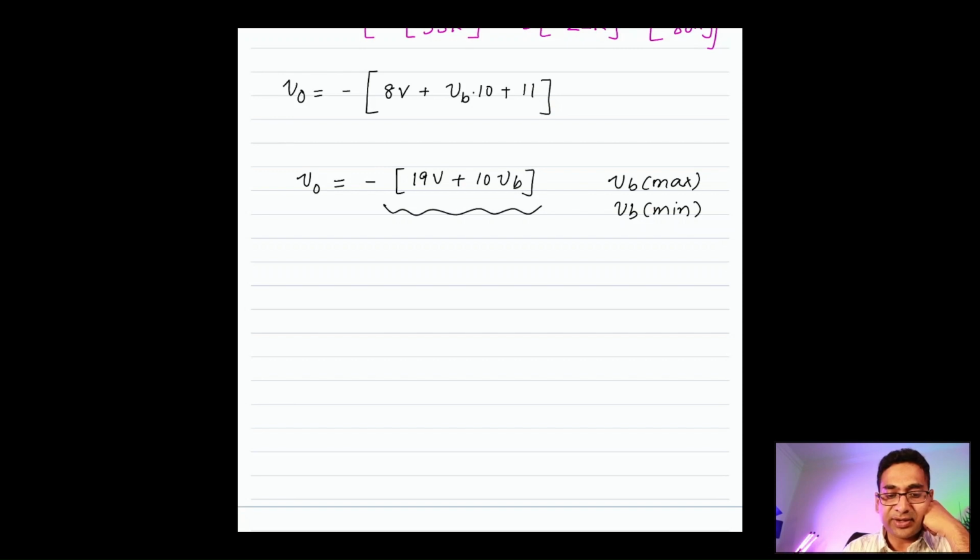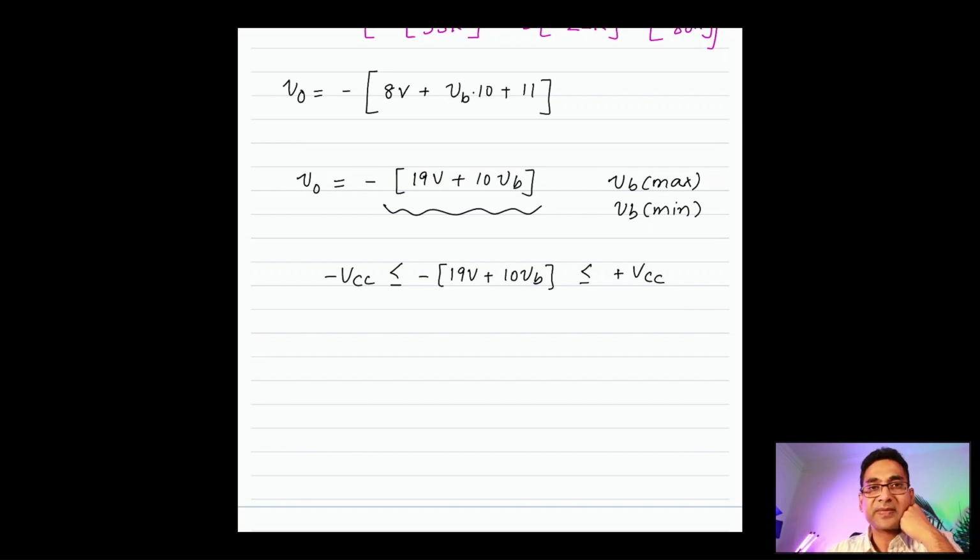So the idea is this: negative 19 volts plus 10 VB should be in between the power supply voltages. It should be within the power supply voltages, that is when it is in the linear region.